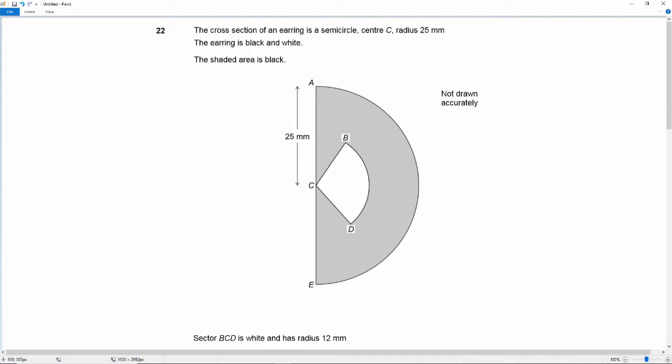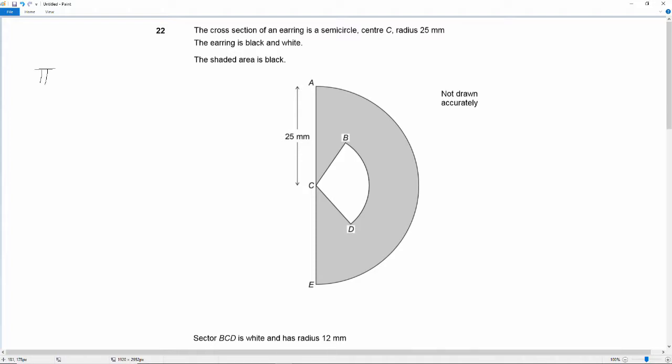Right, so I think the first thing I'll do is get the total area of the semicircle, which also includes the bit that's been cut out. So that's just half of pi r squared, because if we imagine this was a whole circle of radius 25 millimeters, then that's just pi r squared, and we only want half of it, so pi r squared divided by 2.